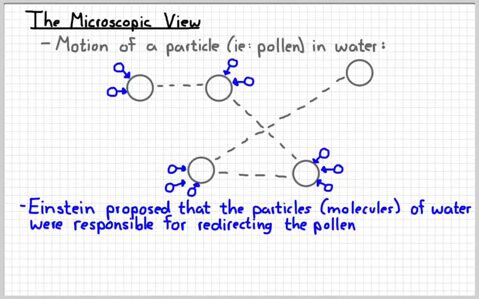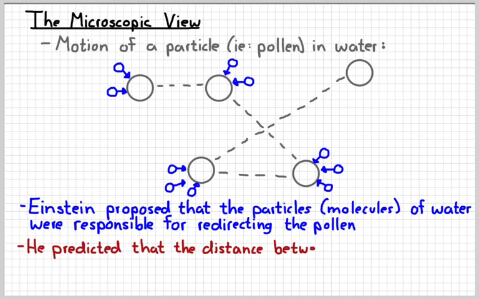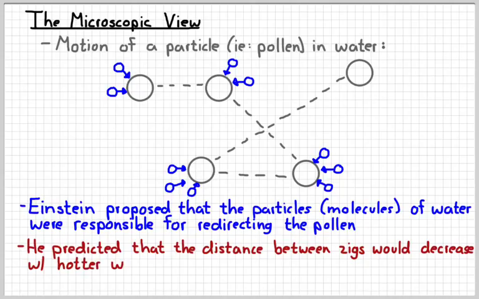So basically he assumed that those pollen particles were moving through a sea of water particles. Those water particles would be comprised of atoms.